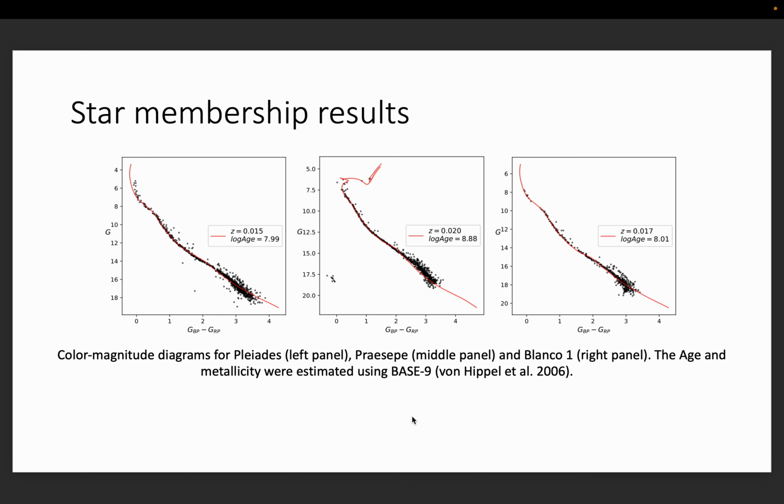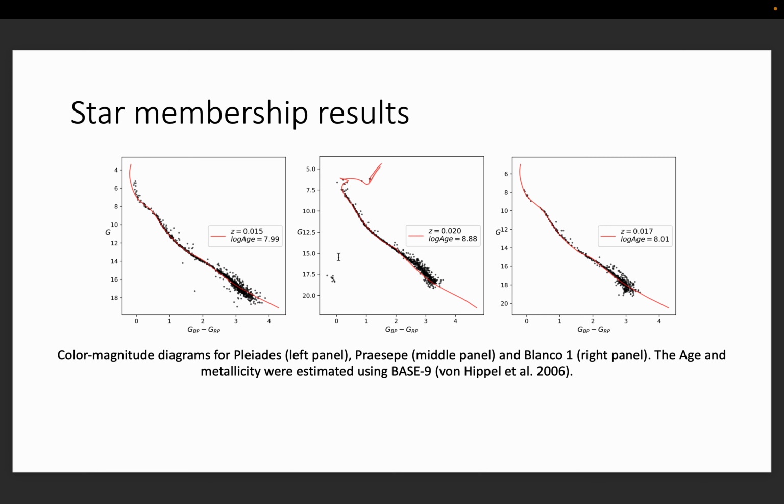And this is the color magnitude diagram for the three clusters, Pleiades, Praesepe, and Blanco 1. The solid red line shows the best isochrone computed using the metallicity and age shown in the diagram.